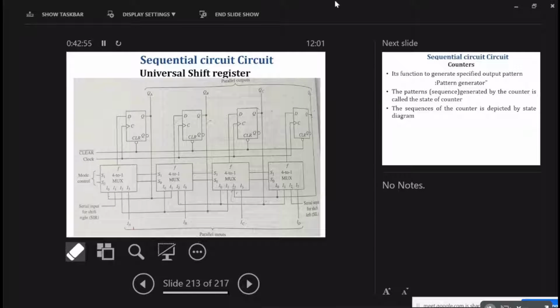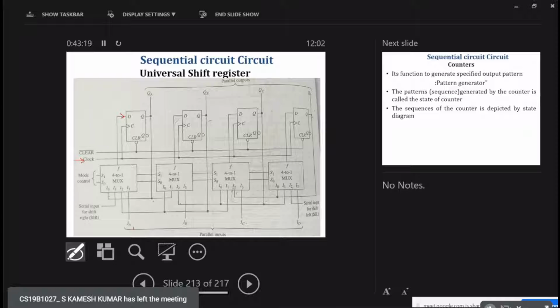Before the clock arrives, we need to provide those individual bits at the input terminals of the individual flip-flops. That is the important thing before the arrival. So we need to choose the inputs of the mux accordingly.